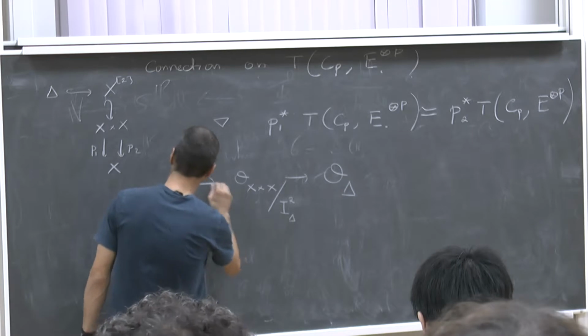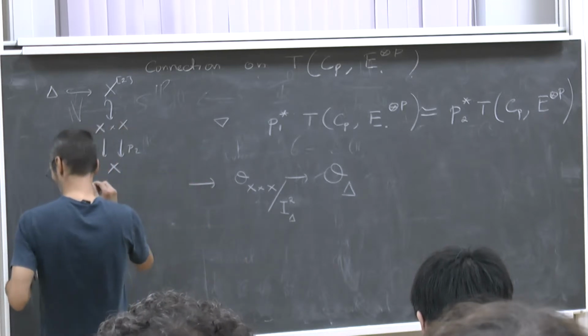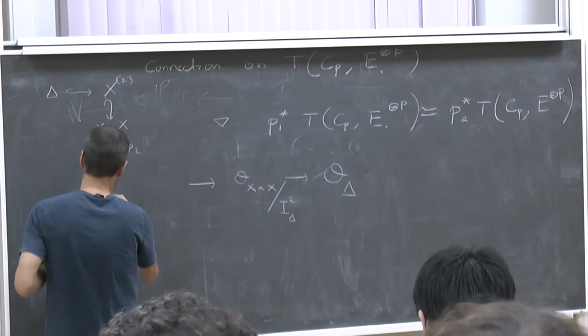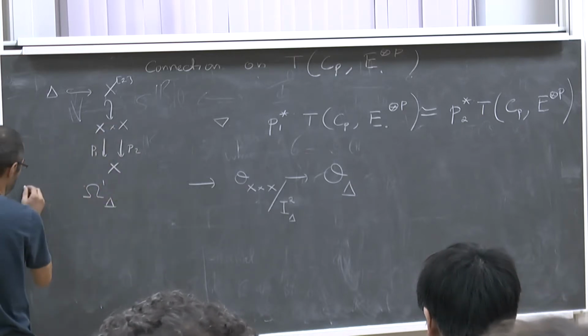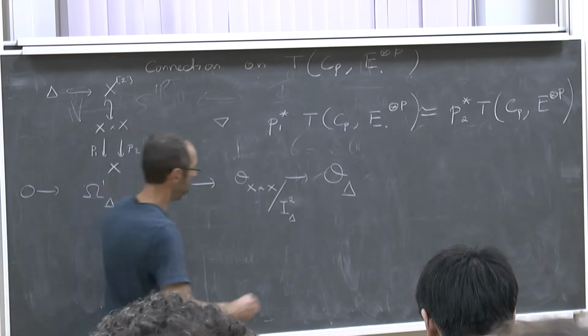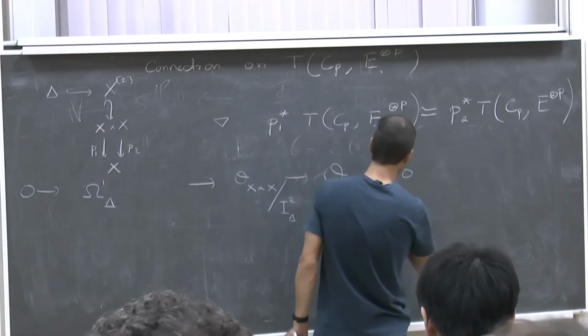Then the kernel is just the sheaf of differential forms on the diagonal, which I consider as a sheaf on X times X. That's a short exact sequence of sheaves.